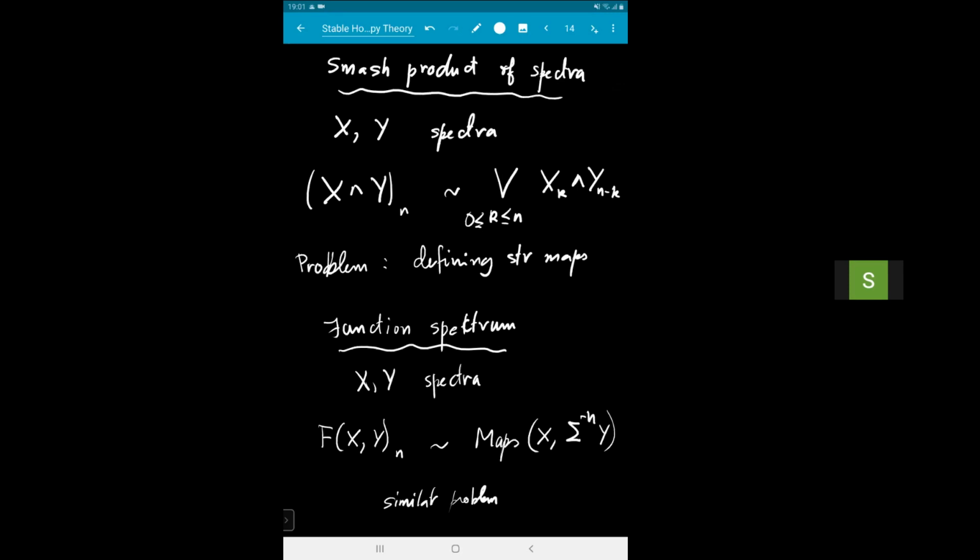So one has to look at other points of view. This was an unresolved issue for many years in homotopy theory: to find a good model category of spectra which has these symmetric monoidal structures, the smash product and also the mapping spectrum, which matches the homotopical mapping spectrum.